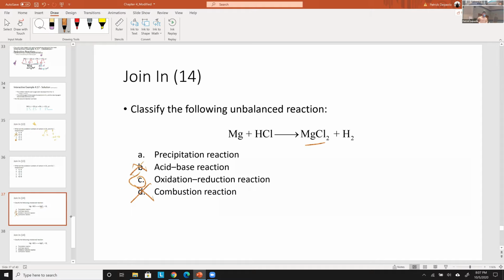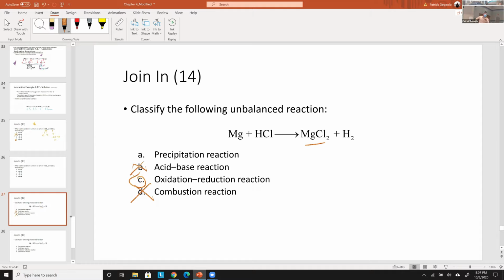I like that thought. Now, precipitation reaction we didn't really talk about. What that means is basically you have one or more ionic compounds that switch their cations and anions to create something that's insoluble, meaning it precipitates. And we'll learn about that specifically in later chapters. Now, for it to precipitate, it has to be an insoluble salt.